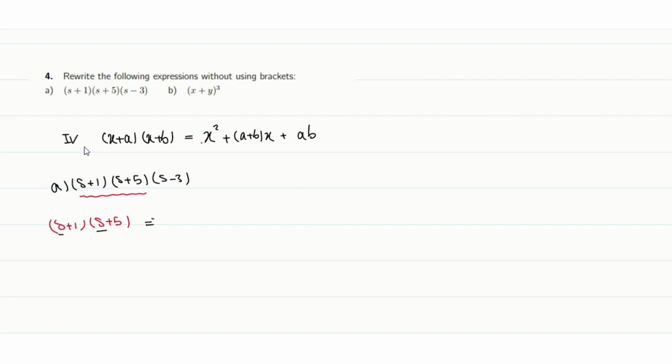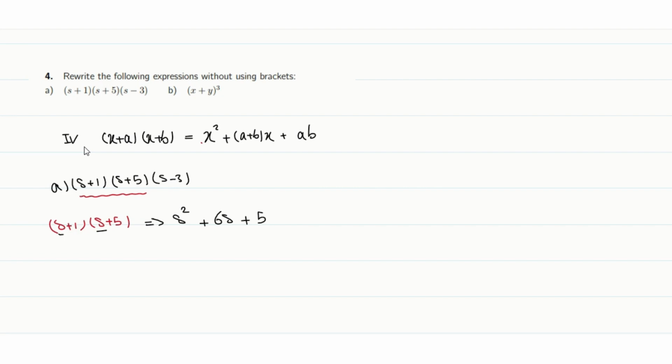So we can write this as s squared plus the summation of these two, which would be a and b, which is 6 times s, plus the multiplication of these two, which would be 5 times 1, which is equal to 5.